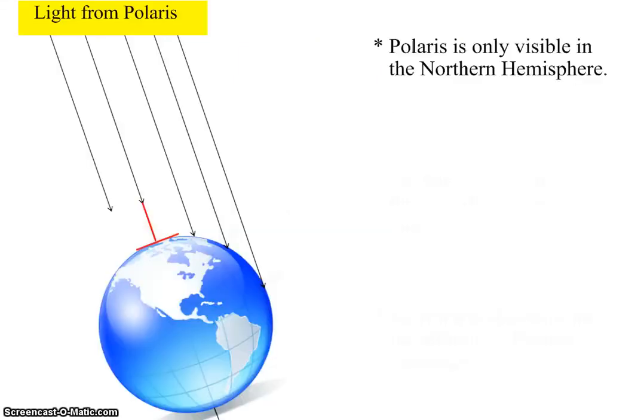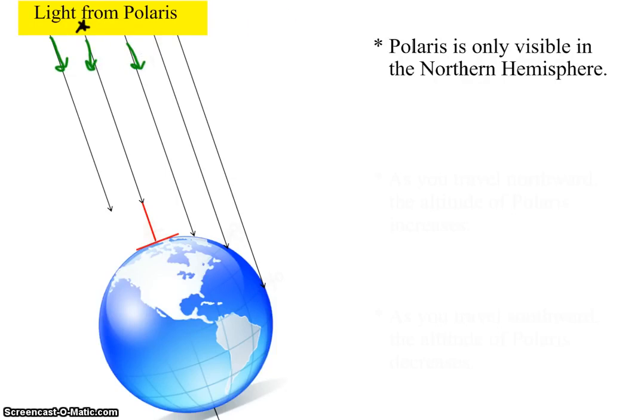The reason it works that way is because Polaris is located right on top of the Earth's axis. But it's so far away that when light from Polaris gets to the Earth, it basically is all coming in from the same direction.